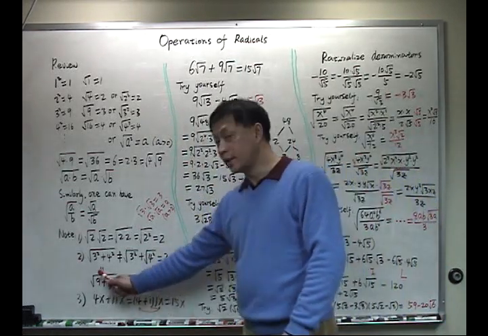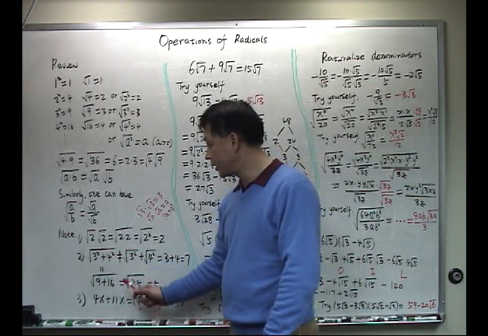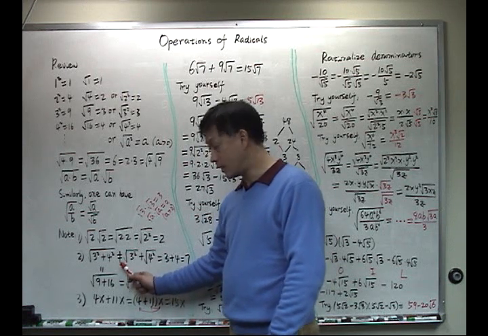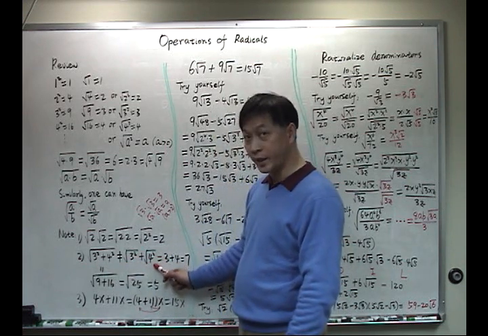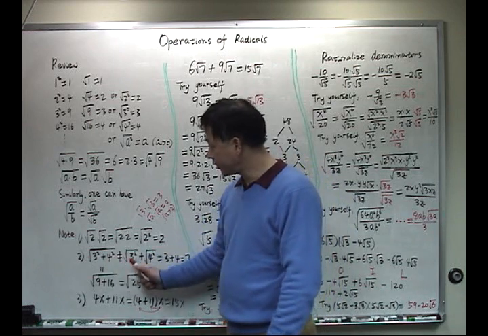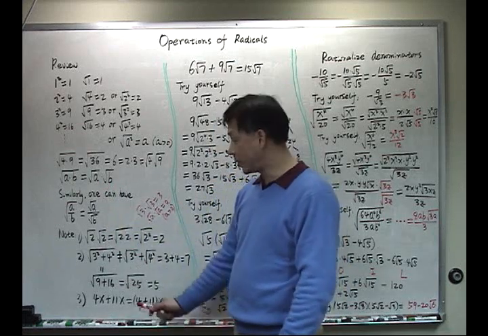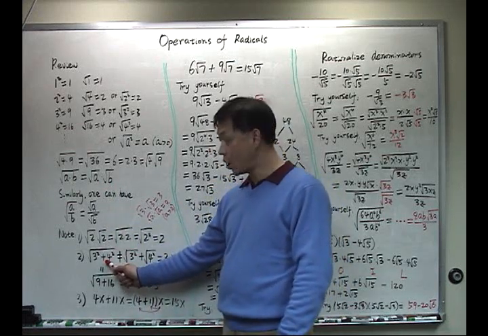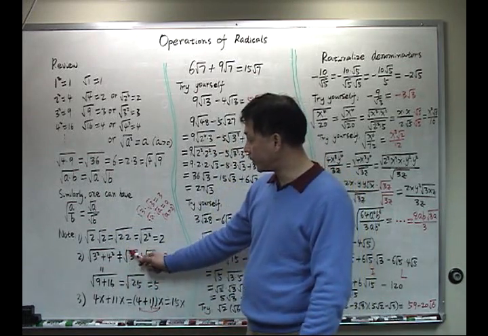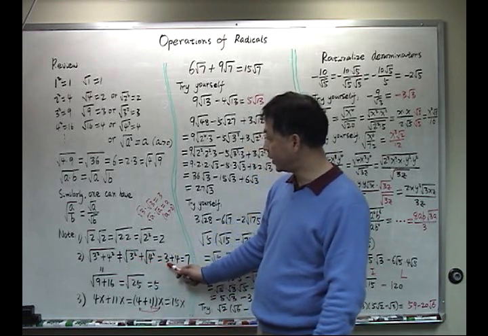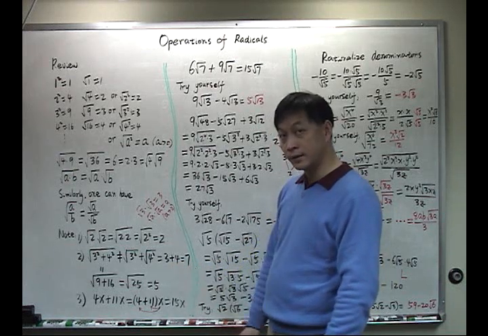Now, the second note is that radical of 3 squared plus 4 squared does not equal radical 3 squared plus radical 4 squared. You separate these only if it's multiplication. You cannot separate when it is addition or subtraction. Radical 3 squared is 3, radical 4 squared is 4, and 3 plus 4 is 7.